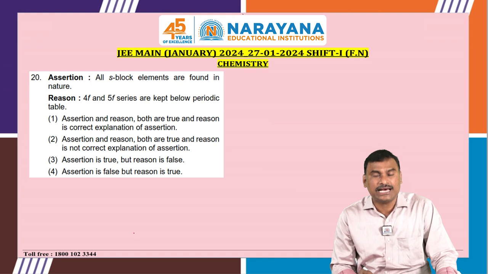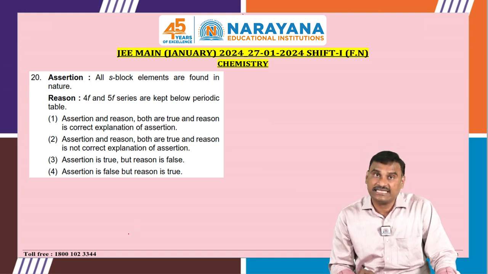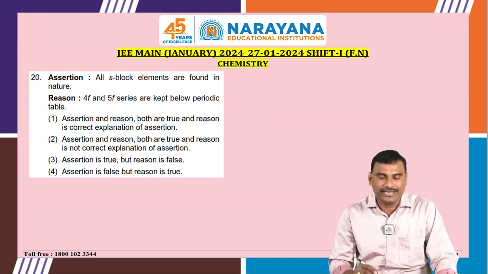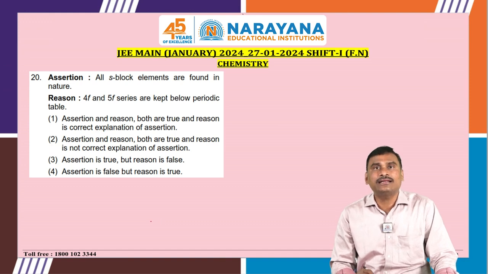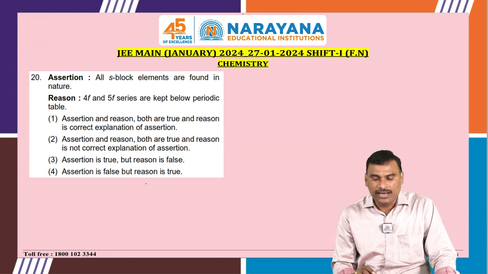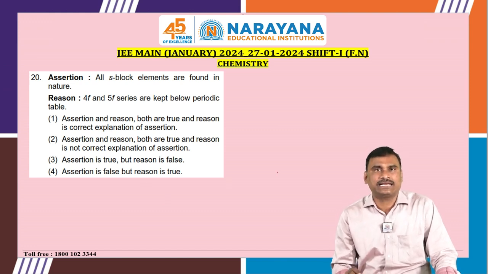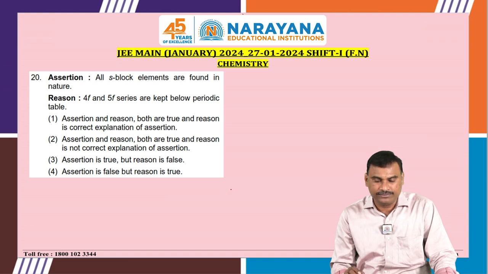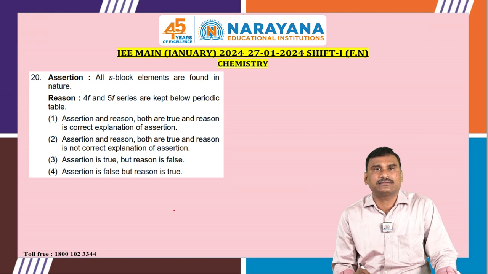All s block elements are found in nature is the assertion. 4f and 5f series are kept below the periodic table is the reason. Actually, these two are unrelated statements. You can know easily, because all s block elements, that is group 1A and 2A, lithium, sodium, potassium, rubidium, cesium, beryllium, magnesium, calcium, strontium, barium and radium, are found in nature.